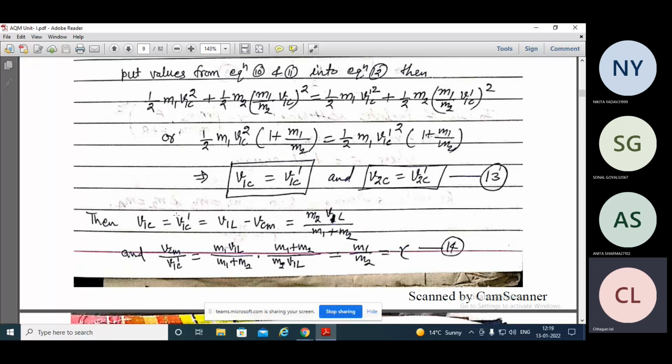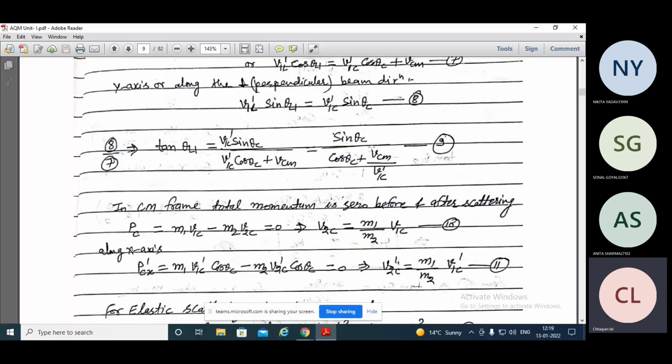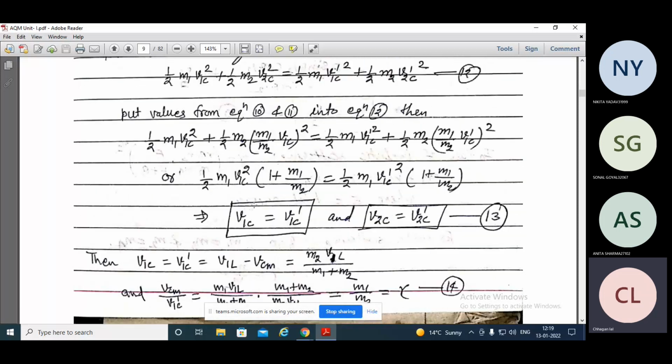That means the velocity of the m1 particle in the C frame after the scattering is equal to v1L minus VCM. You can calculate this term, m2 v1L over m1 plus m2, exactly the same thing, VCM over v1C'. From here you can check this term VCM over v1C'.